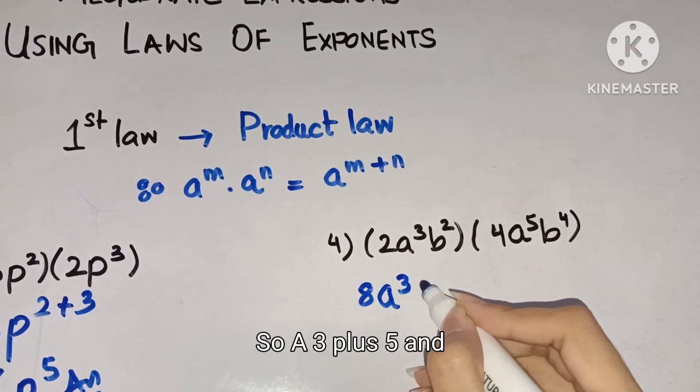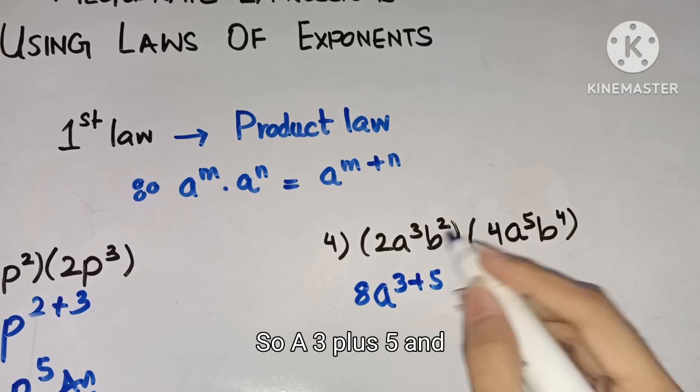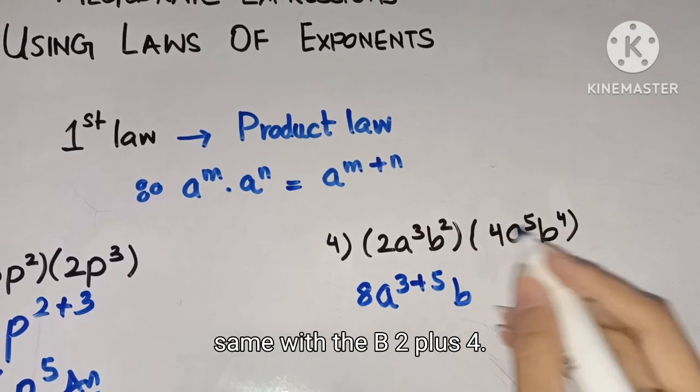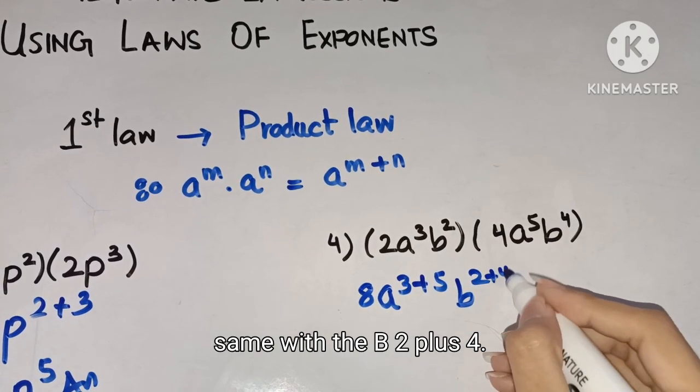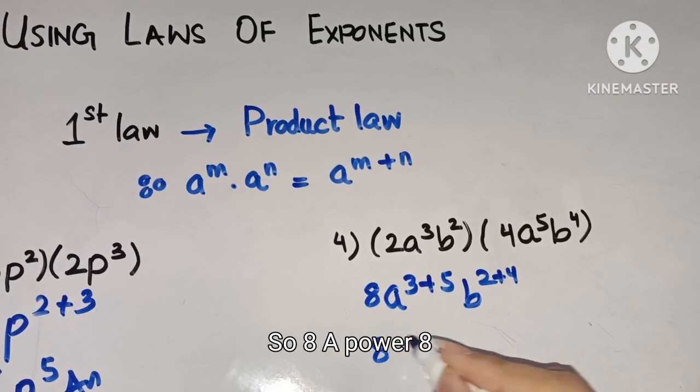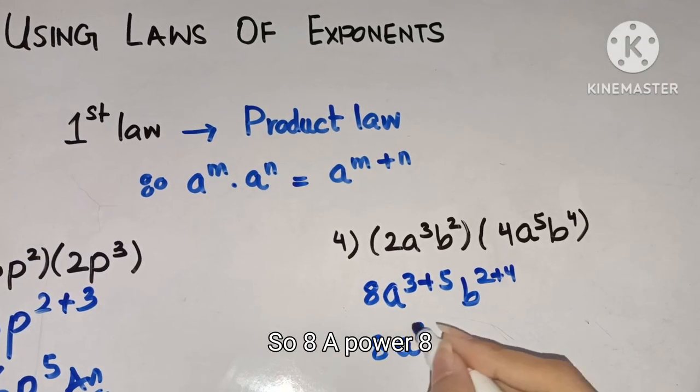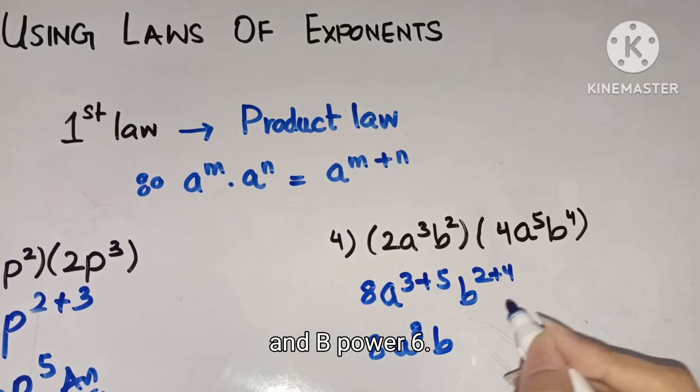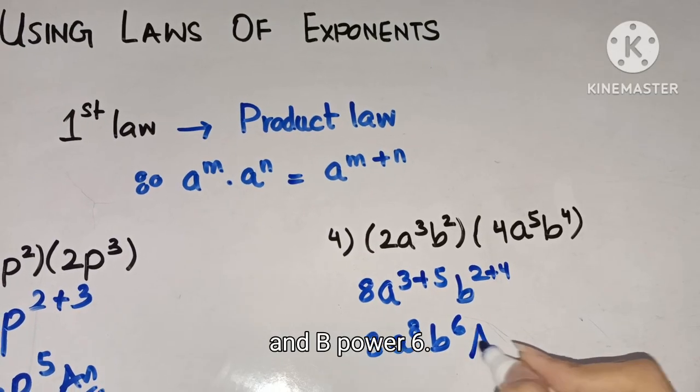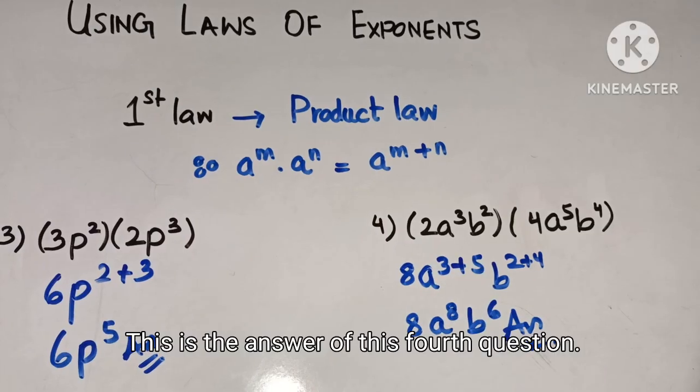So a power 3 plus 5, and same with b power 2 plus 4. So 8 a power 8 and b power 6. This is the answer of this fourth question.